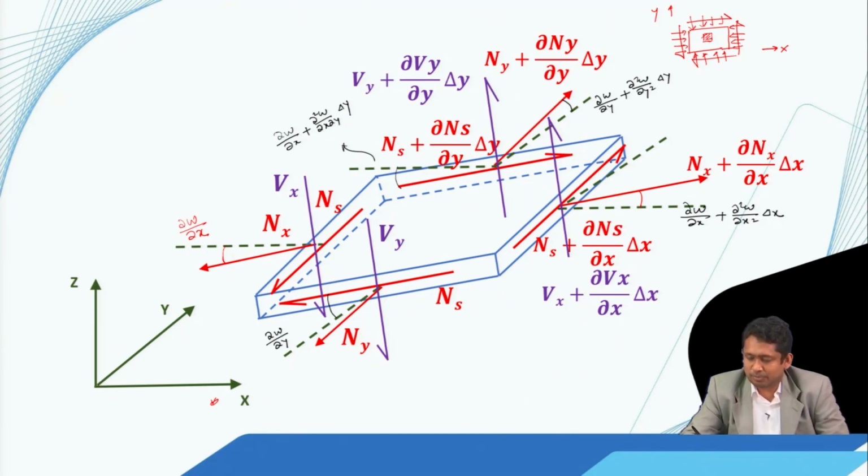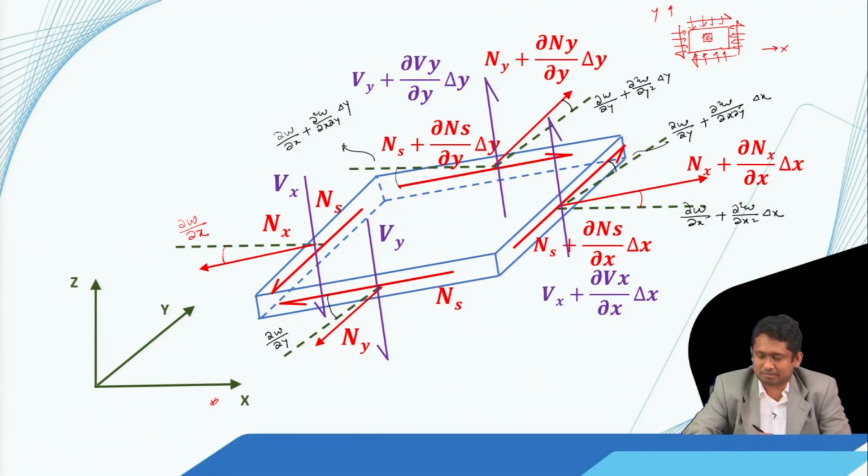Similarly, if I want to look at the slope of this shear force with respect to the y axis, then we can write it as del w by del y plus the increment, the slope of this slope, that is the double derivative del 2w by del x del y, multiplied by delta x.